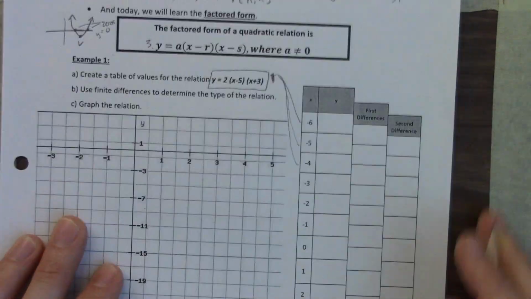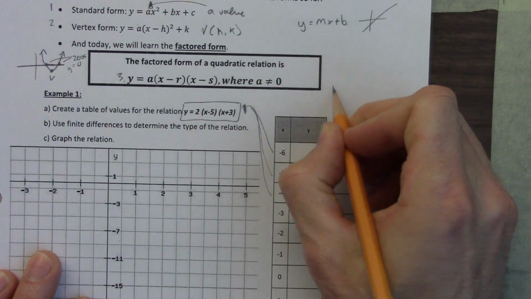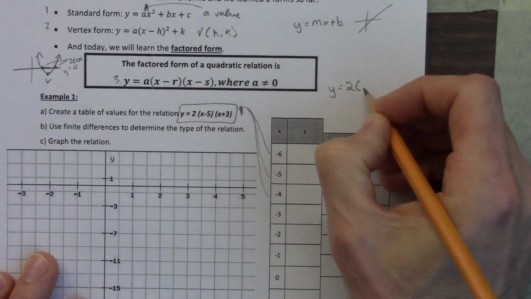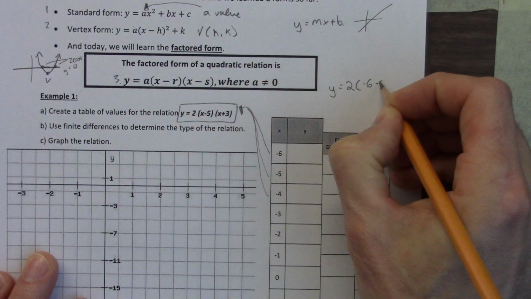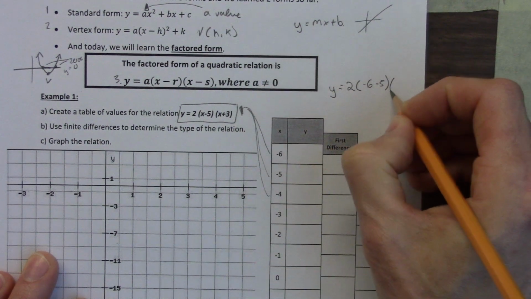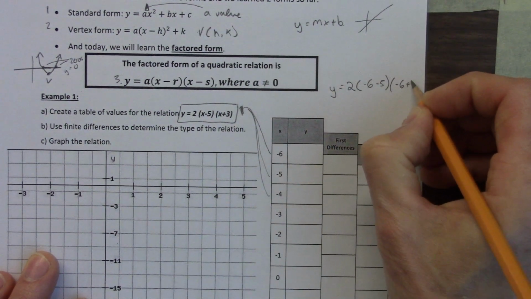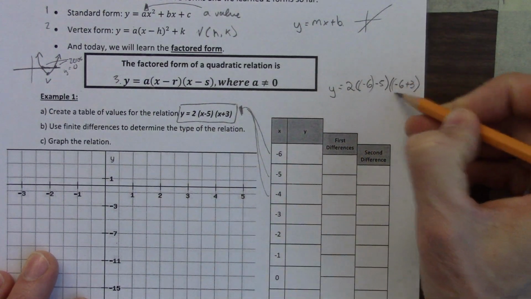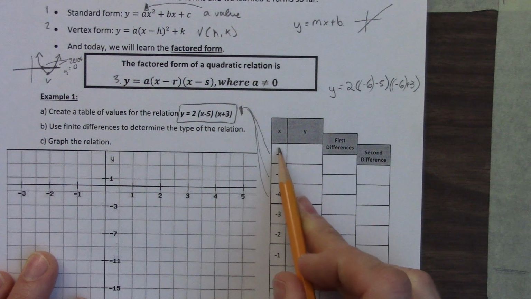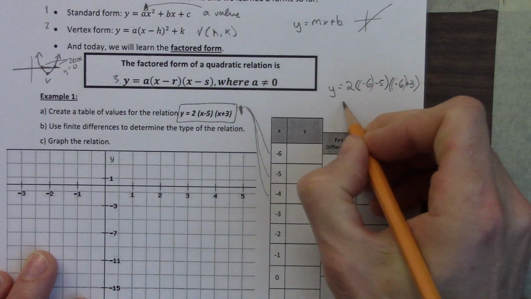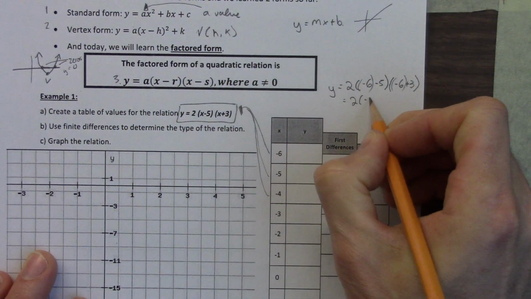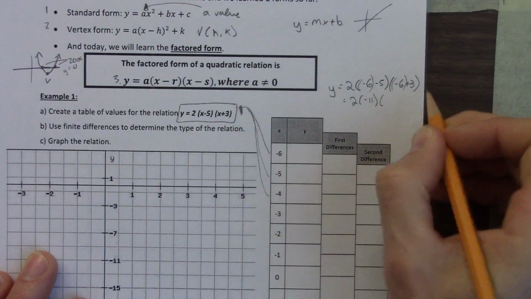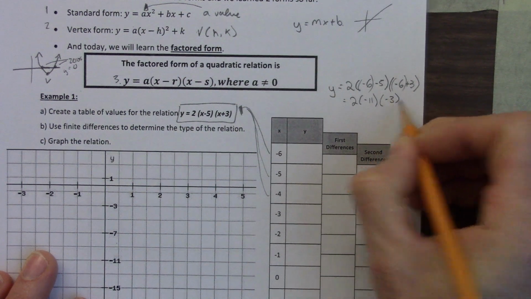So let's just do one of them here. So y equals 2, and then we have negative 6, that's my x value, minus 5, negative 6 plus 3. Okay, I've substituted in negative 6 for x. So now I get 2 times negative 11, because negative 6 minus 5 is negative 11, and then negative 6 plus 3 is negative 3.